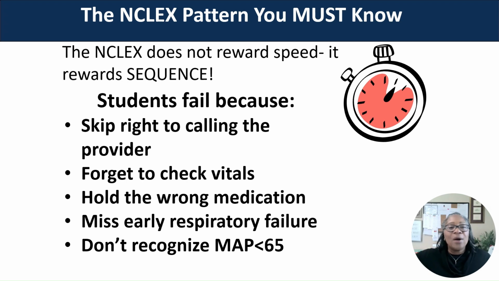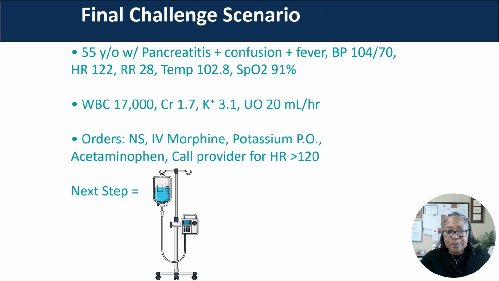It's not always about doing things fast, because students fail when they skip right to calling the provider. They forget to check vital signs. They hold the wrong medication. They miss early respiratory failure. And they don't recognize that the MAP is less than 65. So as nurses, we fix what we can fix first and then escalate by calling the provider.